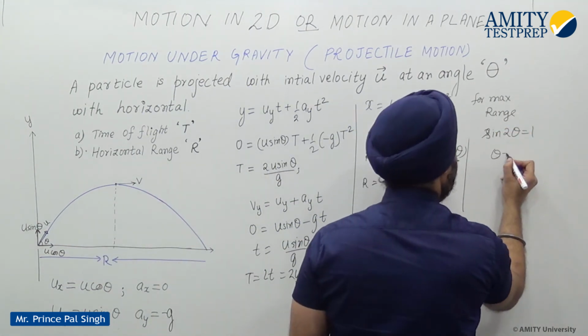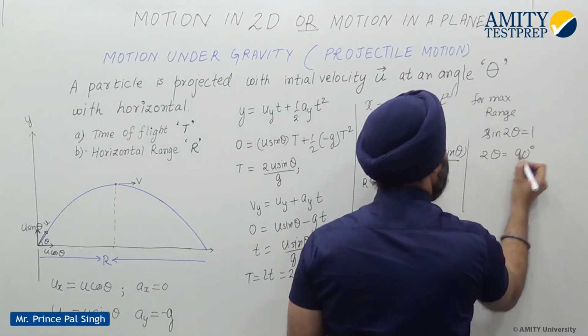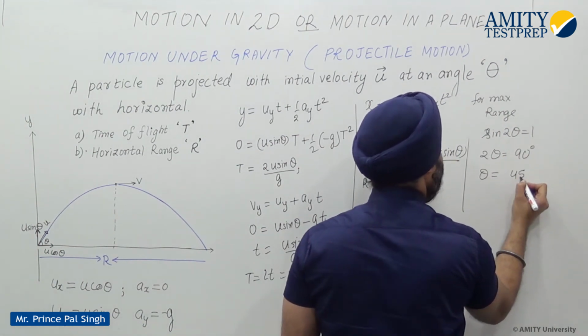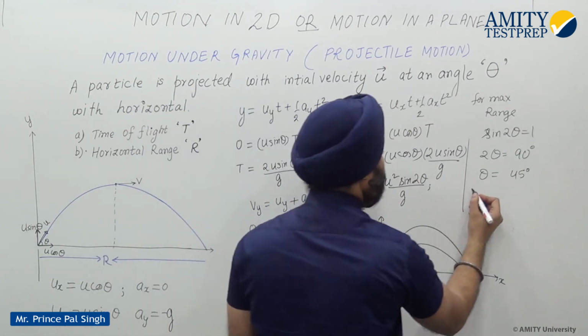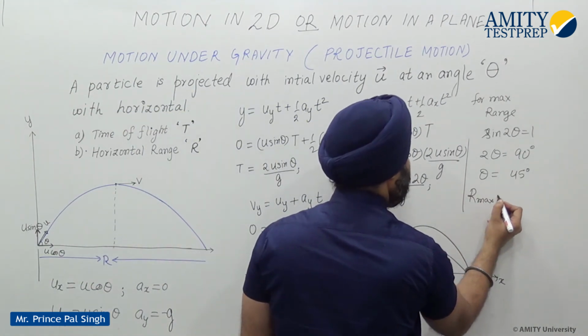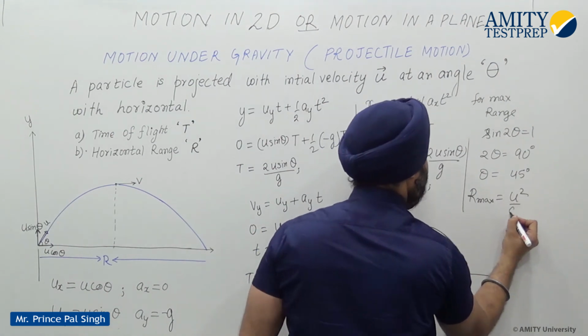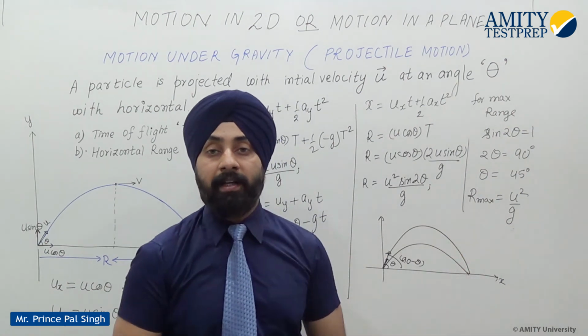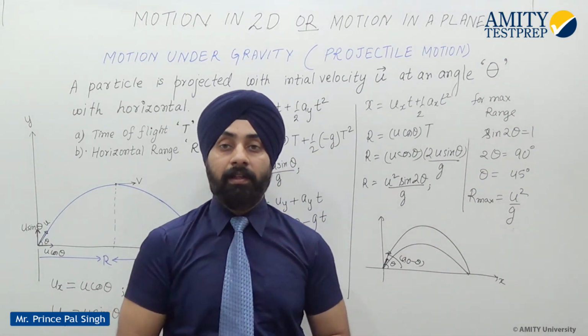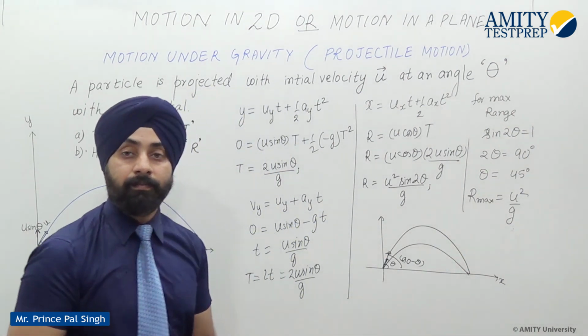So 2 theta is equal to 90 degree and theta is equal to 45 degree. For this, the maximum range becomes R max equal to u square by g only. So this is the maximum range. So if we throw the particle at an angle of 45 degree with the horizontal, it falls at the maximum distance. Thank you.